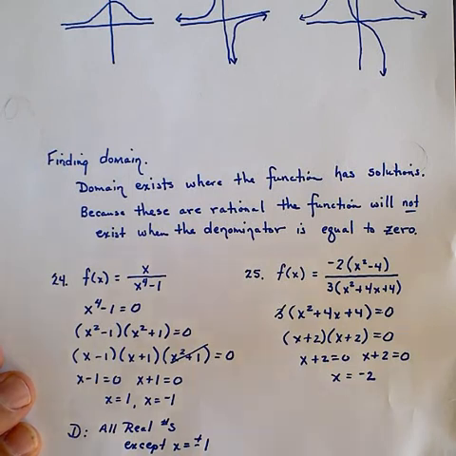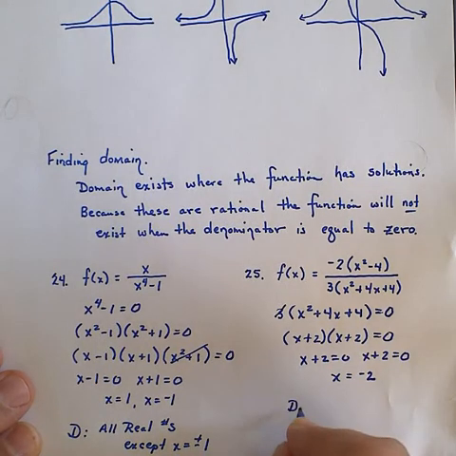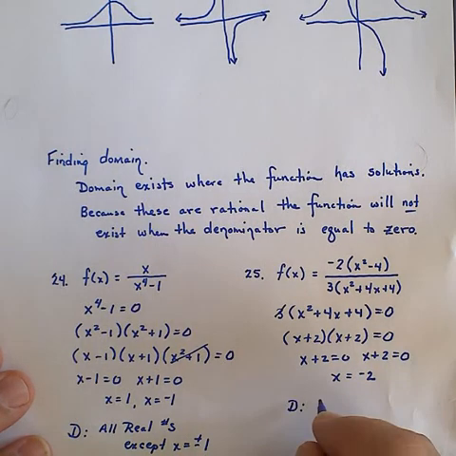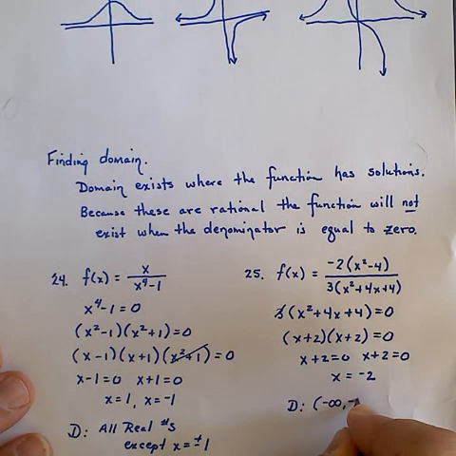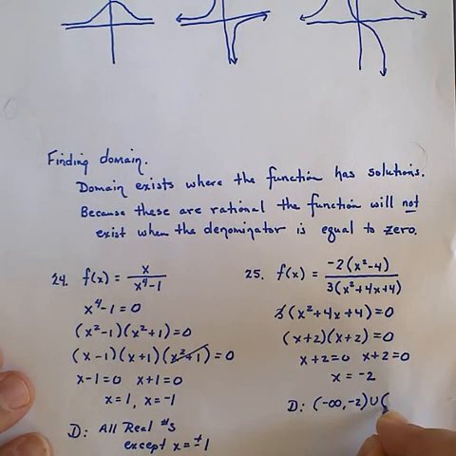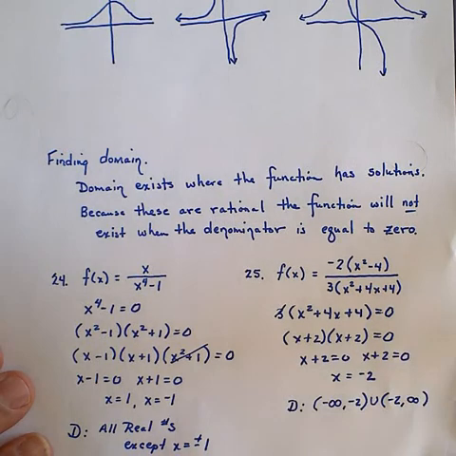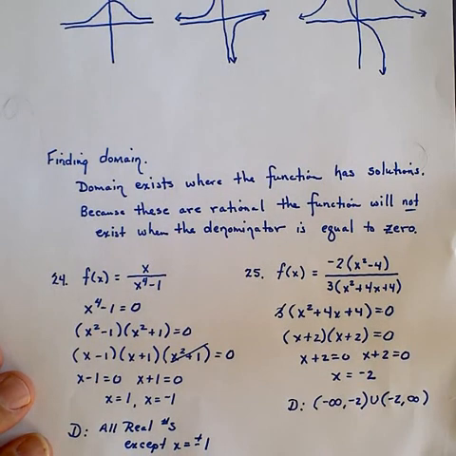So my domain this time, I'm going to write it a different way. Actually, I'll show you a couple different ways. From negative infinity to negative 2, unioned with negative 2 to positive infinity. So there's the set of numbers that would represent that solution, called interval notation.